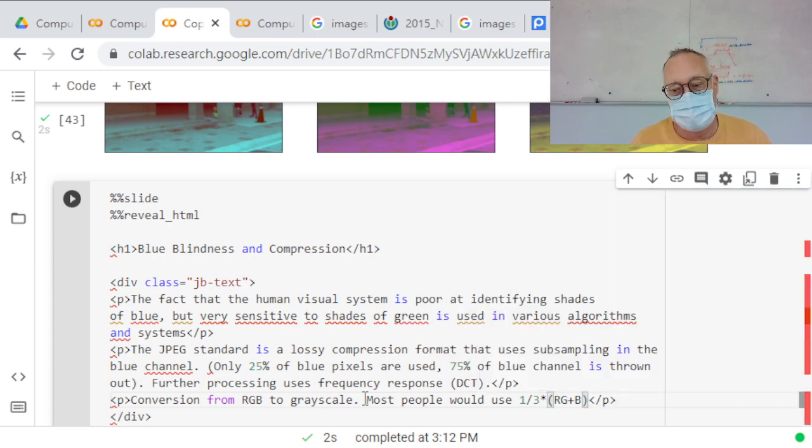Intuitively, the easiest way to do that, or the one that sort of makes sense, would be to calculate the average, right? Like red plus green plus blue divided by 3. That sort of makes sense.